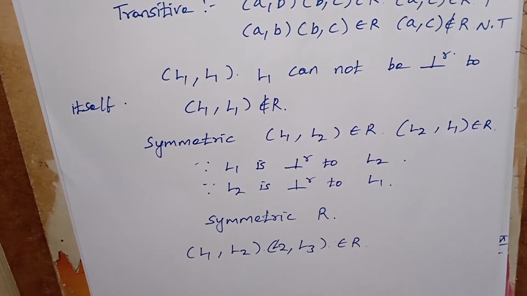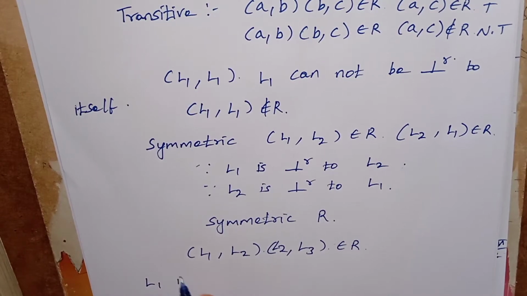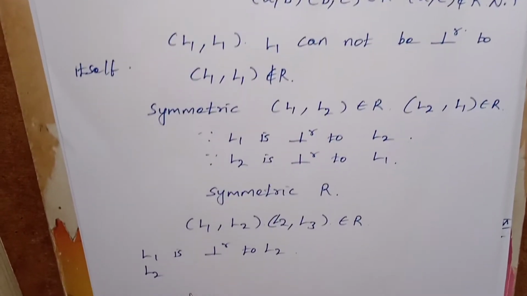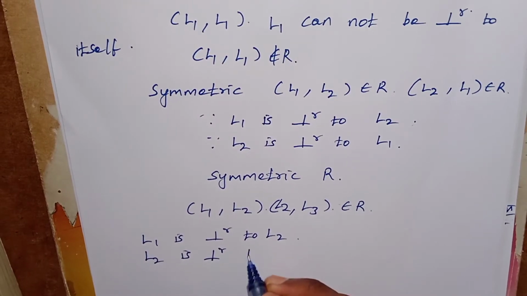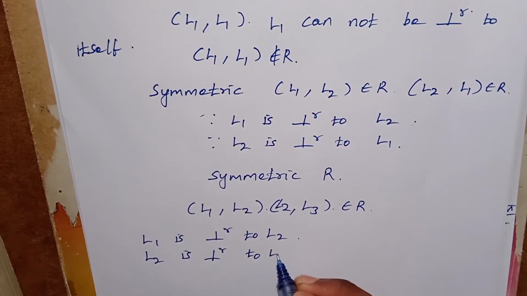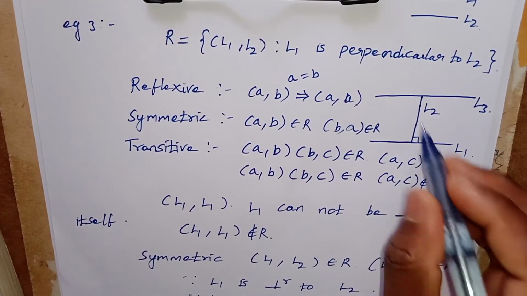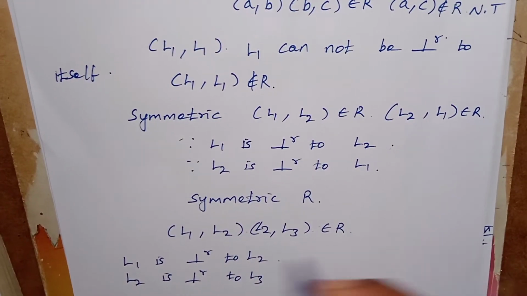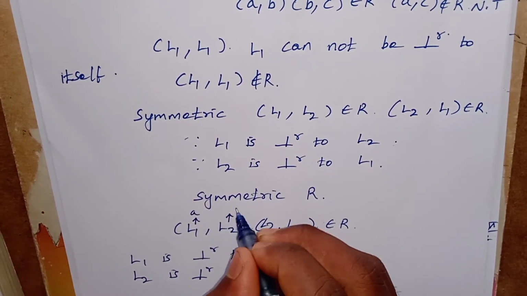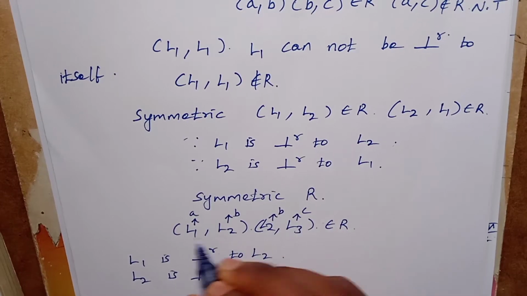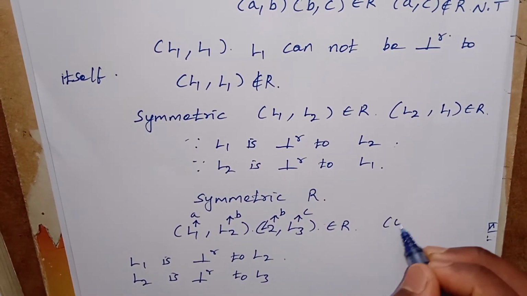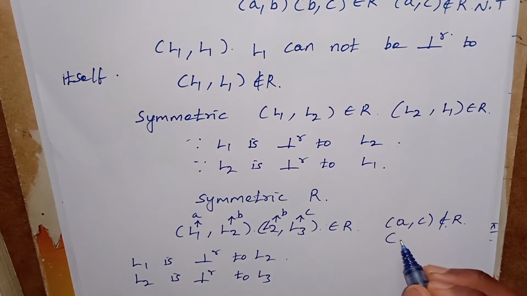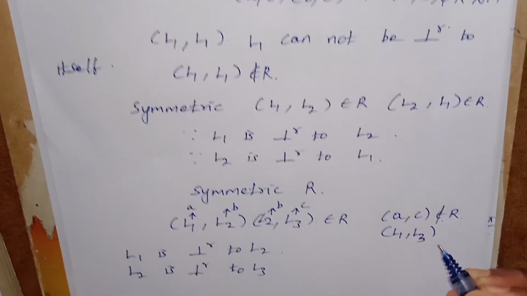So (a, b) and (b, c) belong to R. Then (a, c) is nothing but (L1, L3).